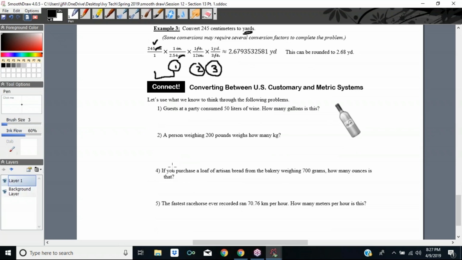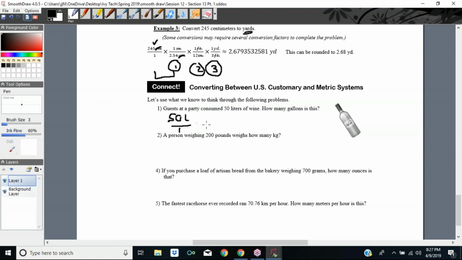All right, so let's use these conversions in some examples. The first example I have here is about guests at a party, 50 liters of wine, how many gallons of this? And so again, we're going to start with our 50 liters over 1. And we're going to look for a conversion from liters into gallons or something like it.